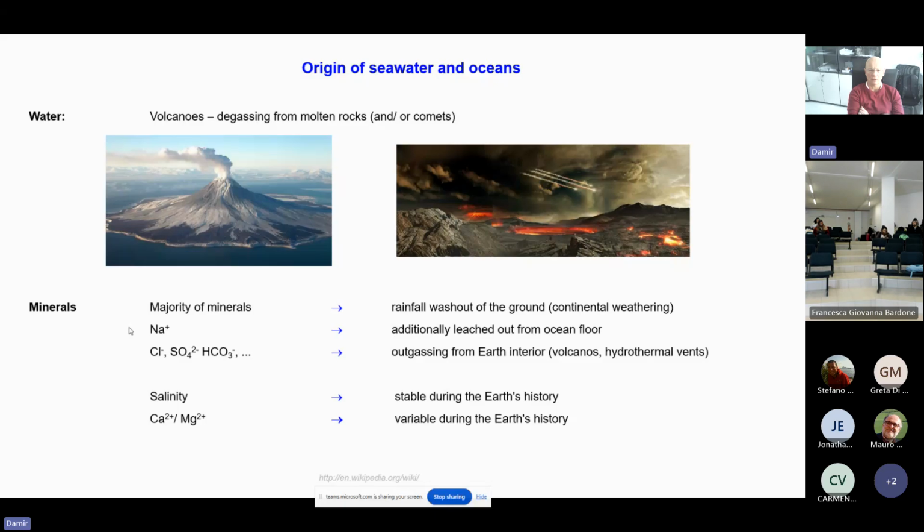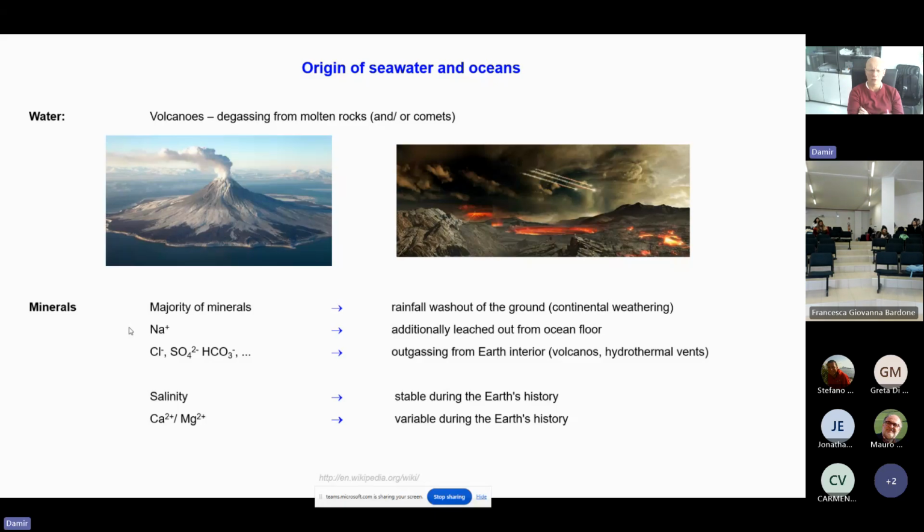On the other hand, a majority of the minerals in seawater is a result of weathering and rainfall washout of the ground during the early history of the water. The concentration of sodium additionally increased as a result of leaching from the ocean floor, while these anions, chloride, sulfate, and hydrogen carbonate are a result of outgassing from the Earth interior during the volcano activity.